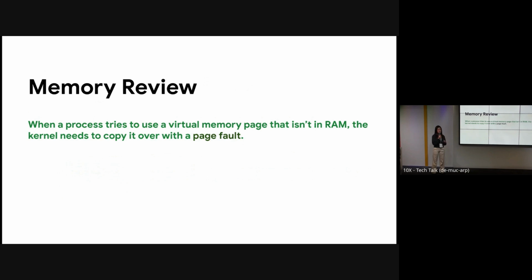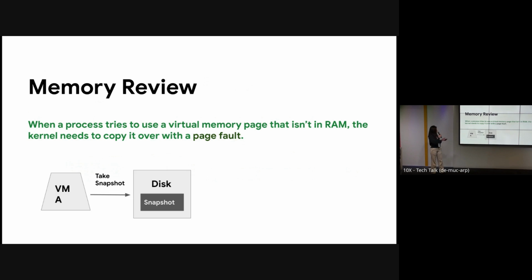When a process tries to access a virtual memory page that hasn't been allocated, it triggers something called a page fault. And this is where the kernel goes to disk and actually copies over the underlying data into memory where the process expects it to be.